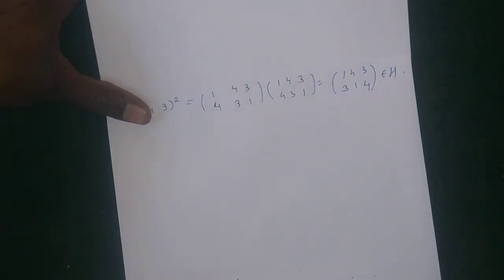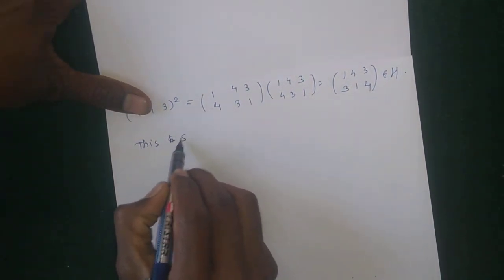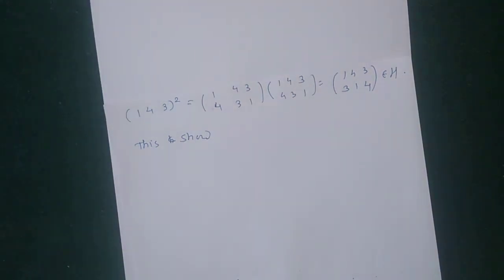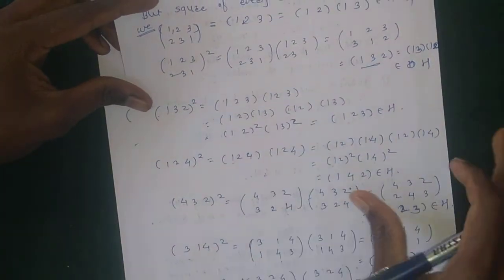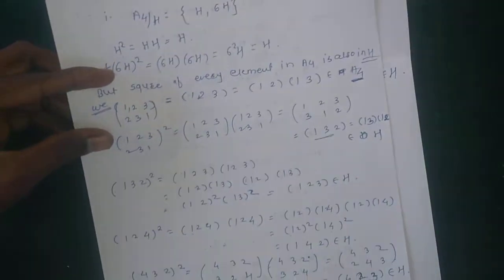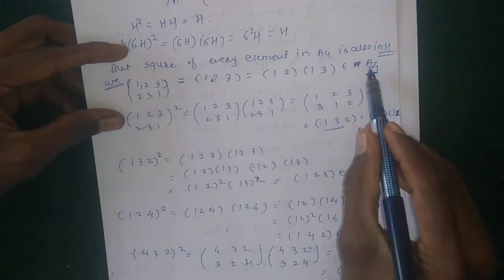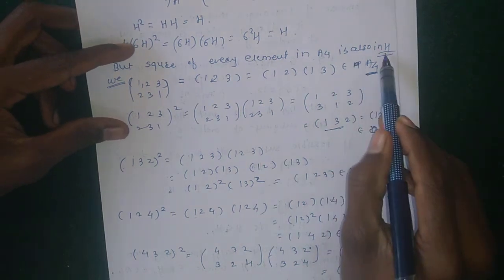Therefore this shows that H must have at least 8 elements, which are therefore by using in this way, if any square of elements of A4 is also in EH.